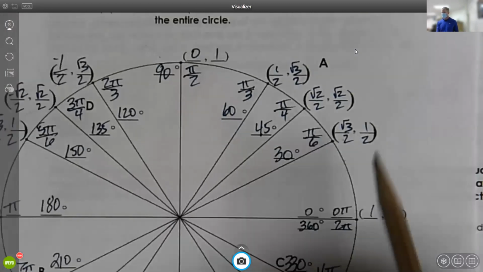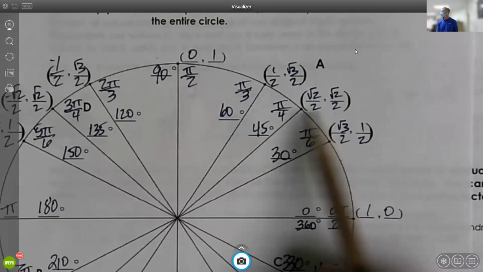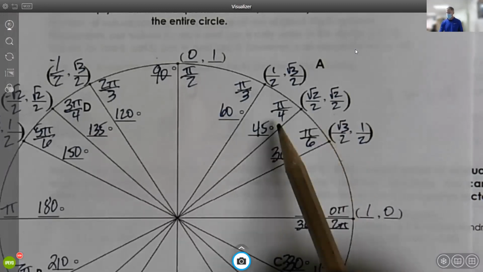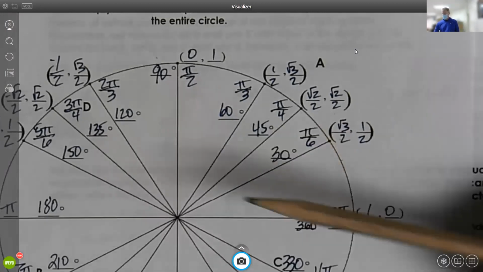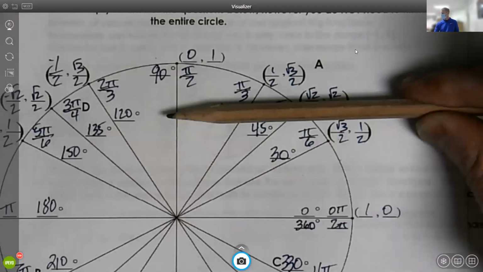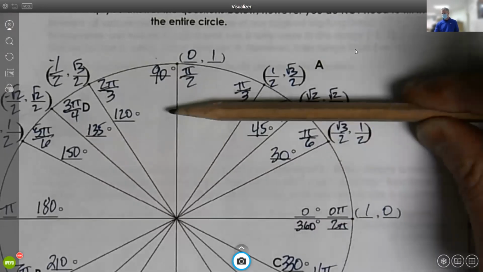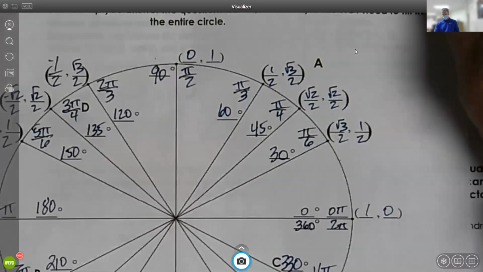We get root 2 over 2. But where would root 2 be? Think about what that means. If root 2 over 2 is up this much, then root 2 has to be twice that amount. It has to be way up here.